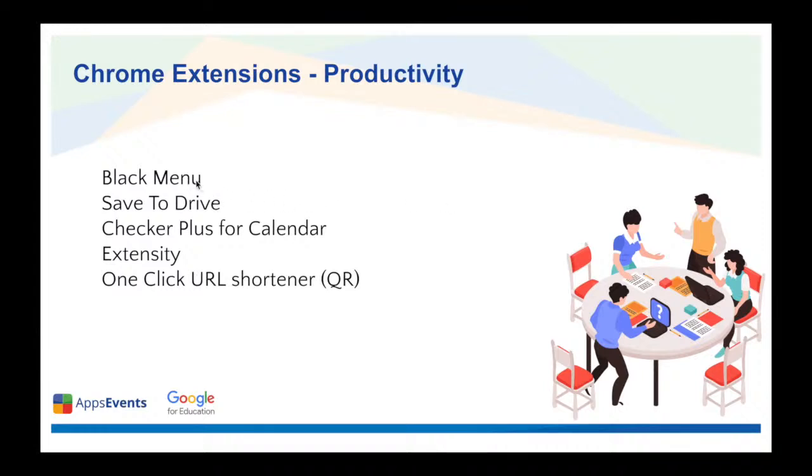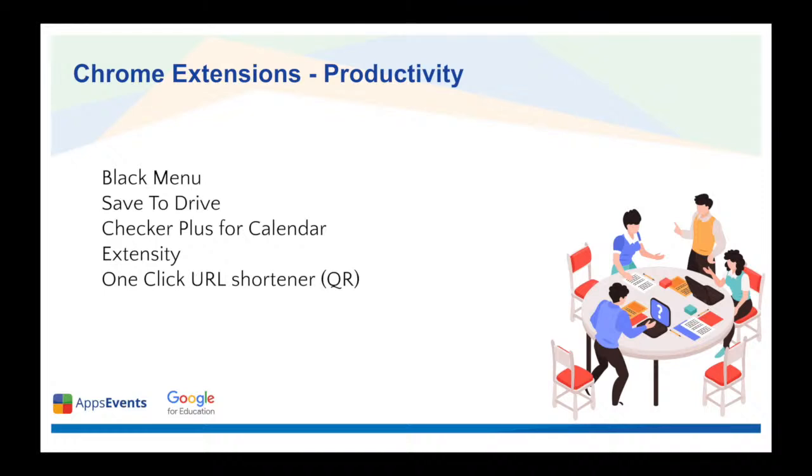Black Menu is a great way to manage all your Google tools, customize it, and get quick access to certain things. Save to Drive: you might be in a PDF, a Google Doc or something, and you want to add it to your Drive, or more importantly, something a little bit different, you might be viewing an image and it will just take a screen capture of a web page.